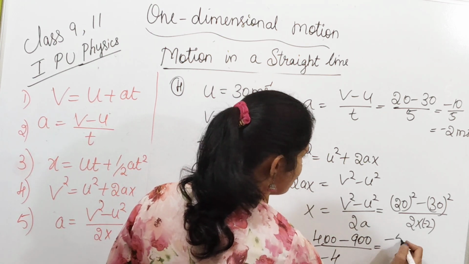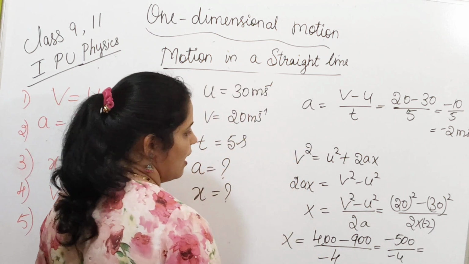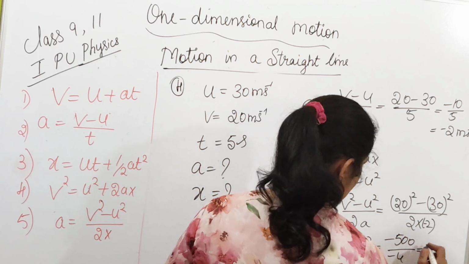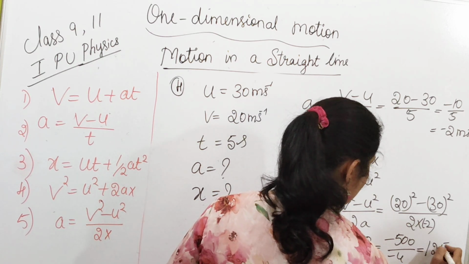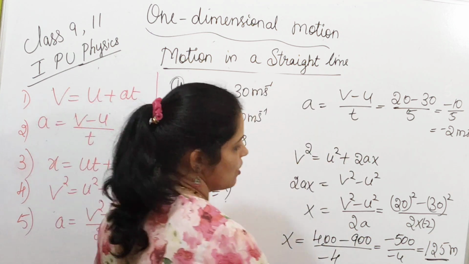So which is minus 500 by minus 4, minus minus cancel, and it is 125 meter.